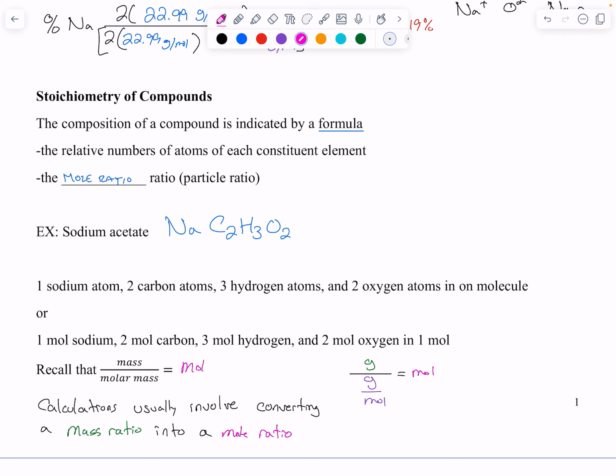We haven't talked about chemical reactions yet, but that's what we're doing. We're measuring mass, but they react in moles. And so we have to get to moles.